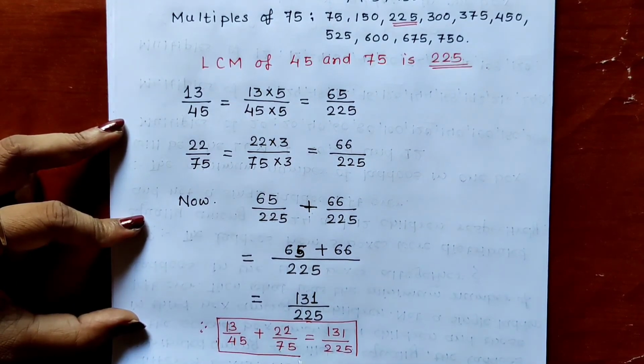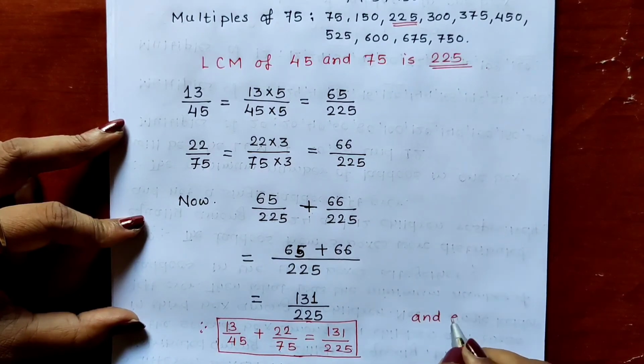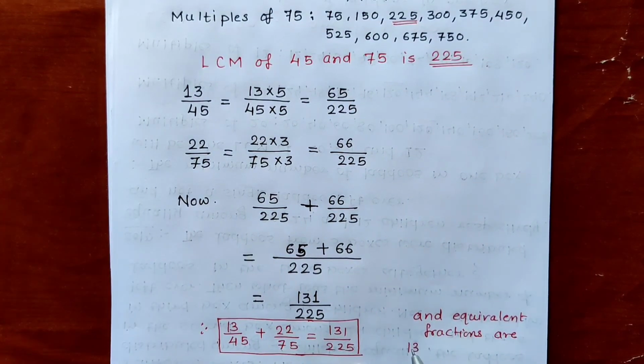And the equivalent fractions you can also write here. The equivalent fractions are 13 upon 45 is equal to 65 upon 225.